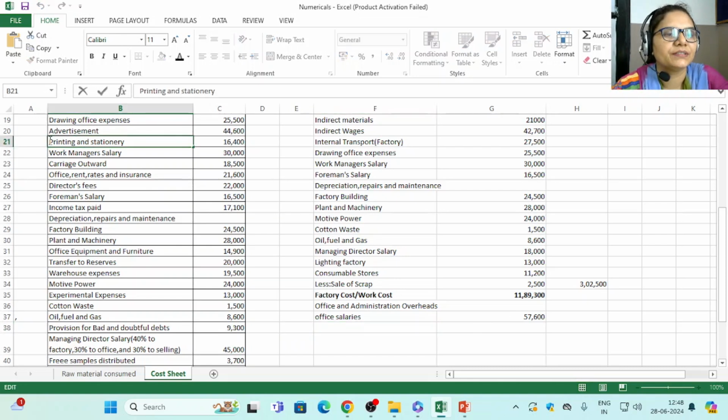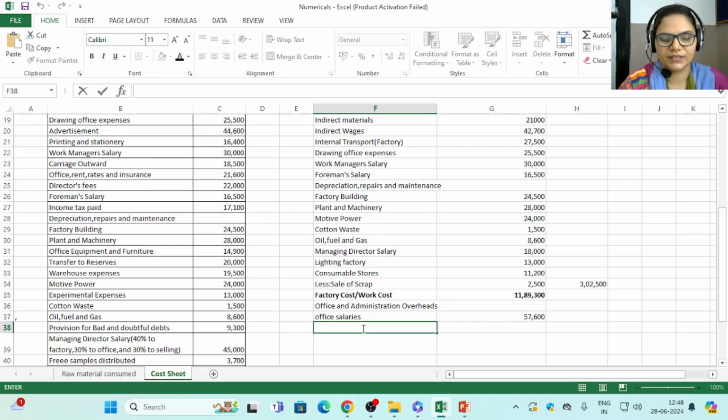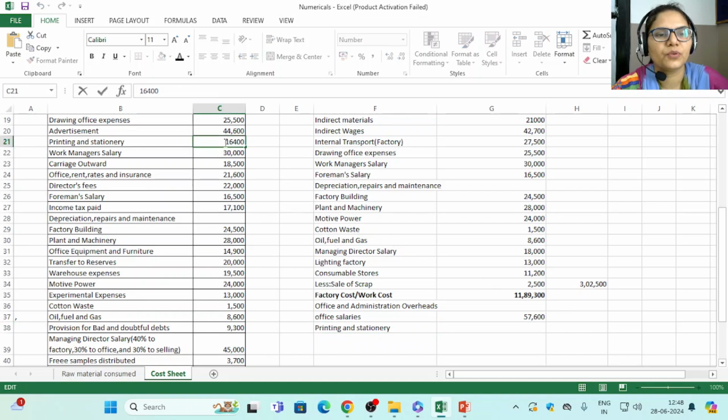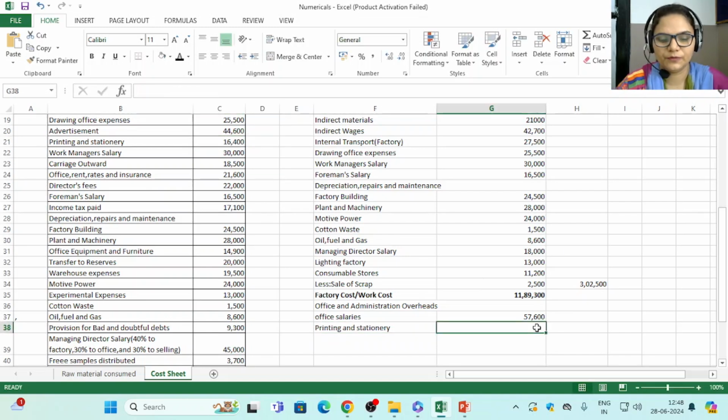Next are printing and stationery. They are expenses which are part of your administrative work, which are rupees 16,400.